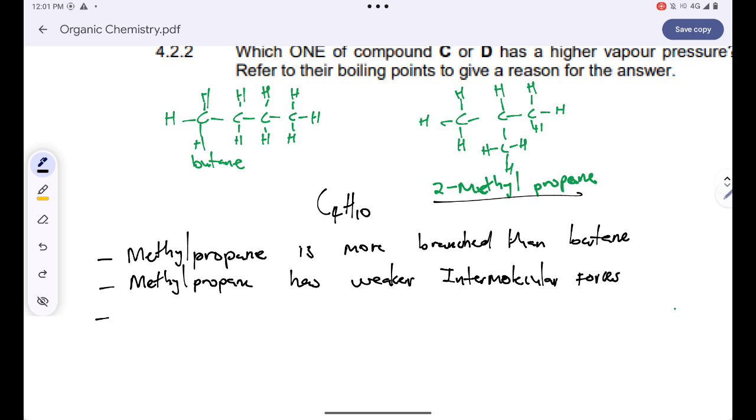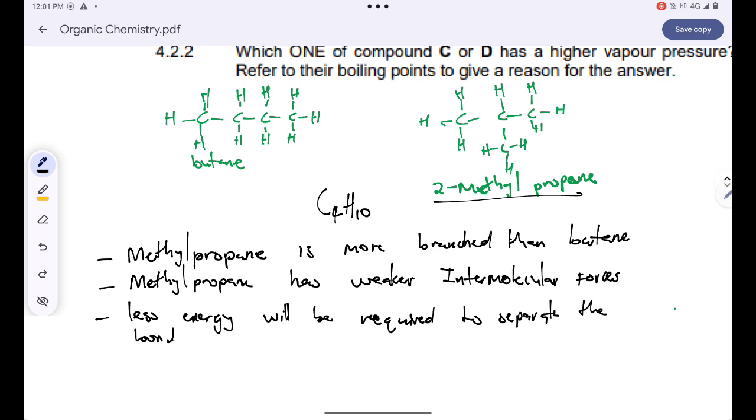Weaker intermolecular forces, right? And hence less energy will be required to separate the bonds, and hence methylpropane has a lower boiling point. Alright, good. That's how, guys, we're supposed to tackle that question.